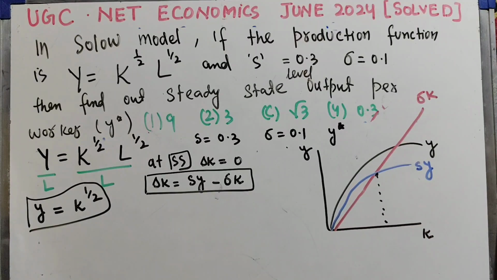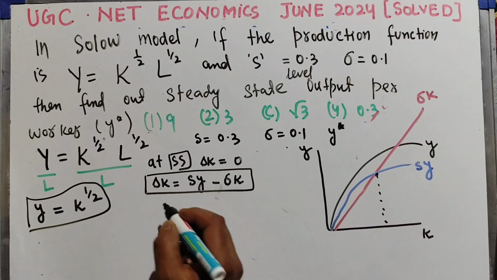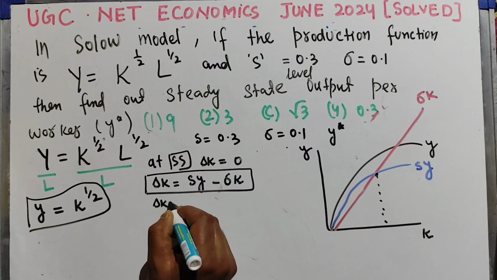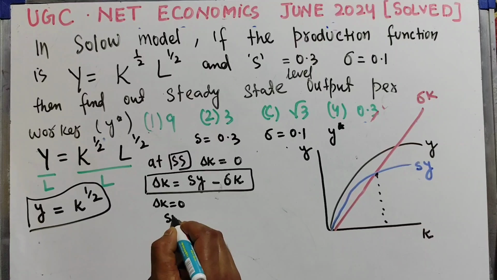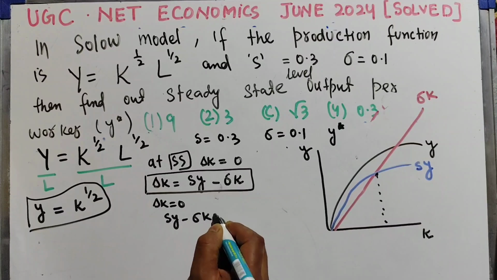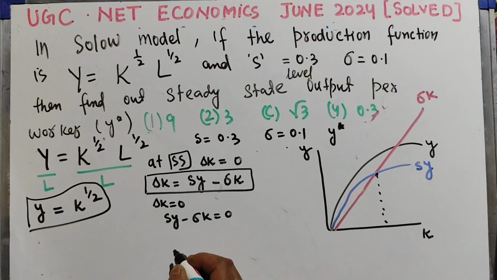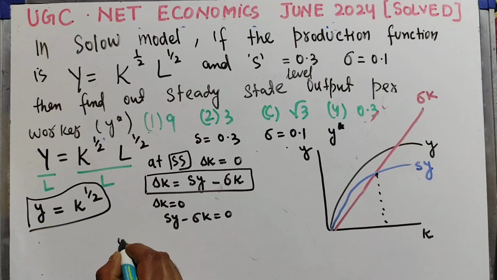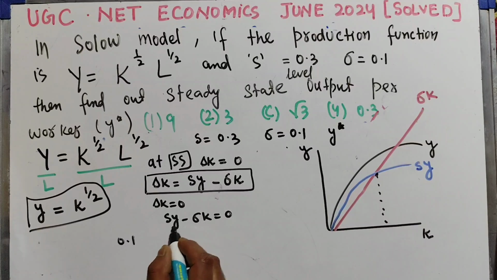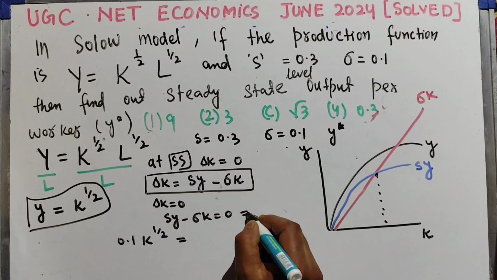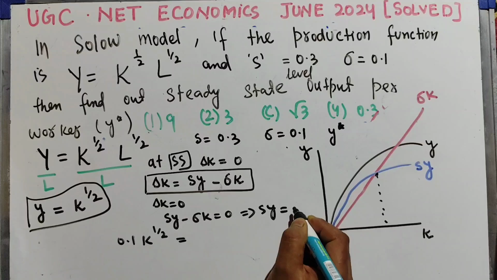All our investment is actually used to cover the depreciation. That means the change in capital stock is equal to 0, which implies s times y minus del k will be equal to 0. So what is s? The savings rate is given as 0.3. What is y? y is equal to k raised to the power 1/2. If I rewrite it like this, sy is equal to del k.